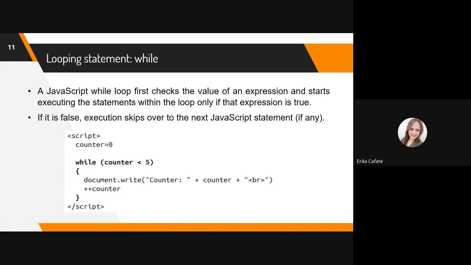Then we use the function document.write again, and the string counter will be displayed on our screen, and then counter plus plus, so the value of the counter will be incremented. Again, it will start with the value 0 since we initially set the counter to 0, and as the loop goes on, it will increment by 1.